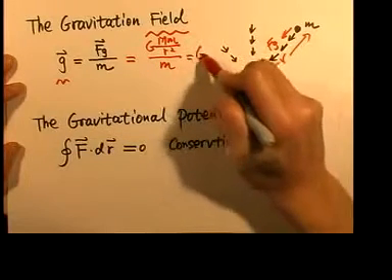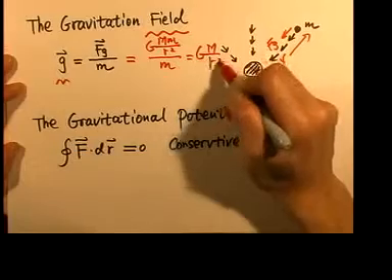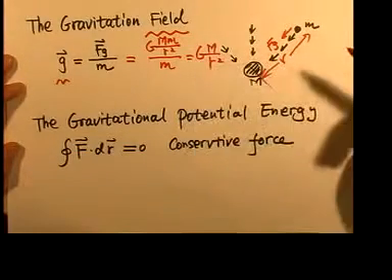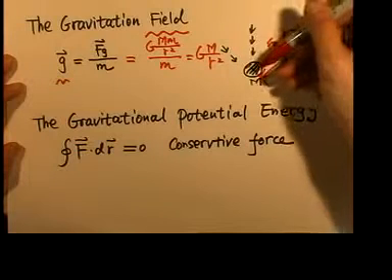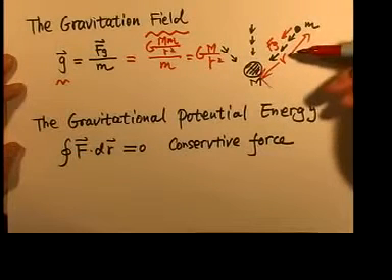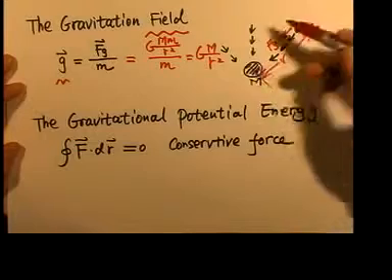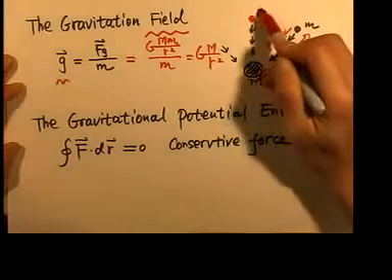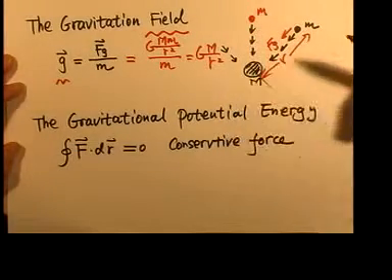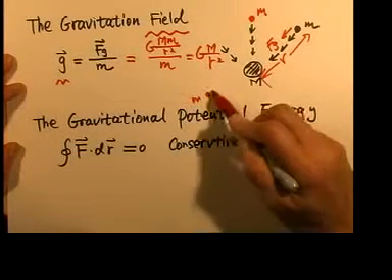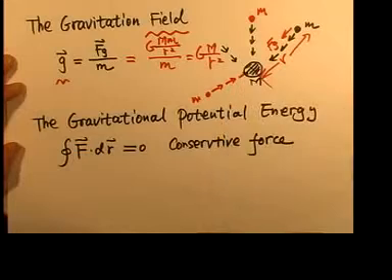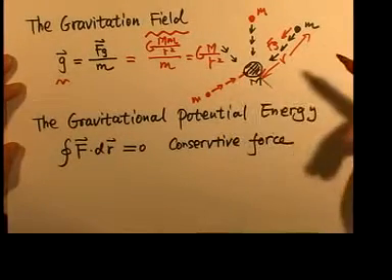So we get that. That is the magnitude, and the direction should always point to the large mass M. This is called centripetal, which means center seeking. So when the little m is here, it's center seeking. If you have a little m right here, the direction of the gravitational field will be toward the center of large M.